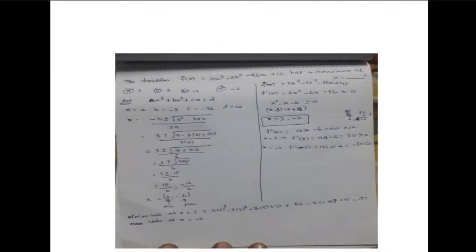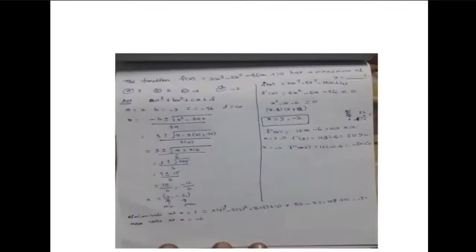Our question is, this equation has a maximum at x is equal to dash. So at which point do we get the maximum in this problem? Sorry, for maximum x is equal to minus 2, and for x is equal to 3, we will get the minimum value.